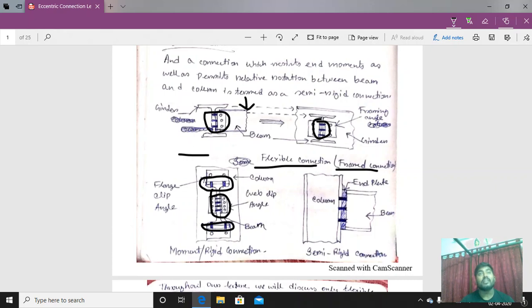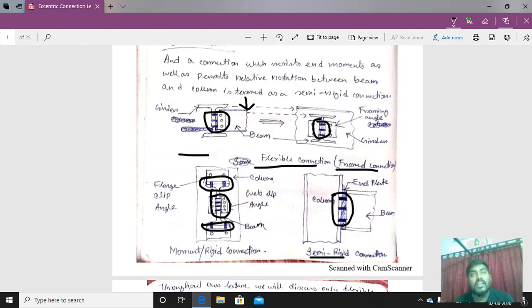That means this section cannot permit any rotation of the beam column junction, so the connection is subjected to both shear and bending. This is called a moment or rigid connection. Then comes the semi-rigid connection, which permits relative rotation between the beam and column, but is also subjected to shear and moment.